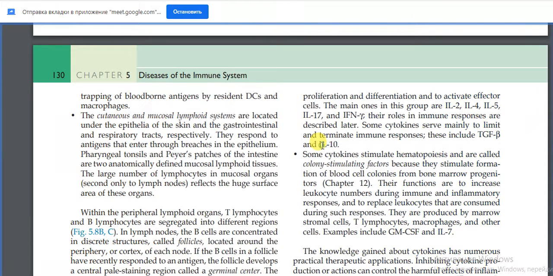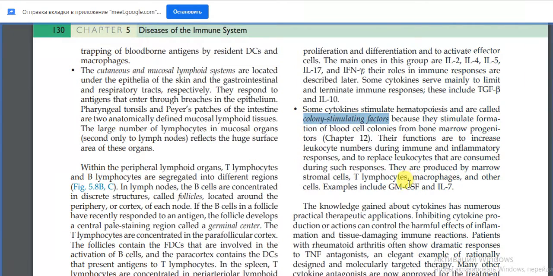Some cytokines stimulate hematopoiesis, and they are called colony stimulating factors because they stimulate formation of blood cell colonies from bone marrow progenitors. You remember that granulocyte and monocyte colony stimulating factors promote the production of more neutrophils, eosinophils, and monocytes. It happens due to interleukin production.